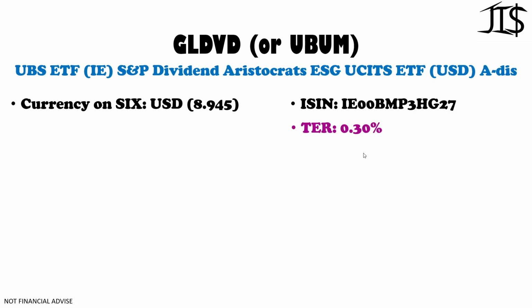The currency is US dollar, and it has a lower price. It's 8.945. So the other ones that I mentioned before are 25 and up. But with US dollar, sometimes you have ETFs that trade below 10 US dollar. And I like that in the regard that when you receive other US dollar dividends, you can reinvest those in such stocks that have a low price.